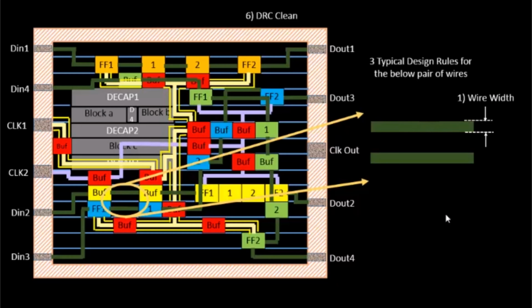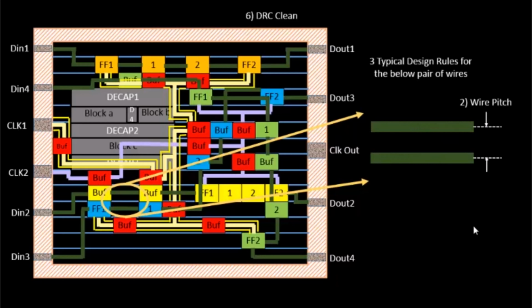There's another rule that lithography tells us: the minimum pitch between two wires should be this much. It says that the center-to-center distance of these two wires should be at least this much. These numbers come after a lot of optimization done on the lithography system. Multiple lines get printed, so how do they come up with this wire pitch?